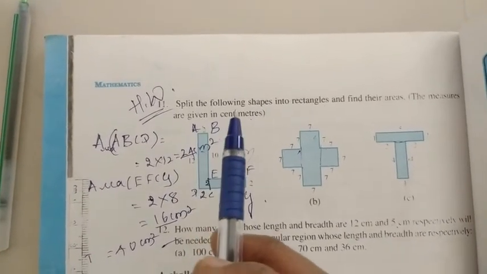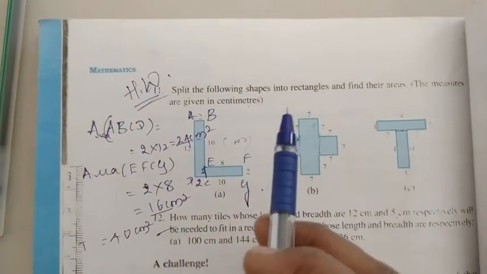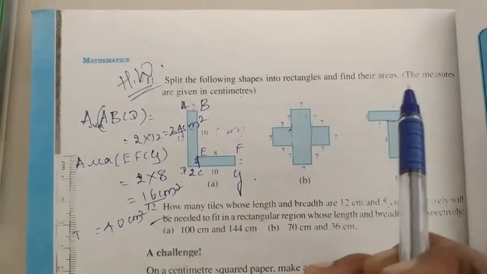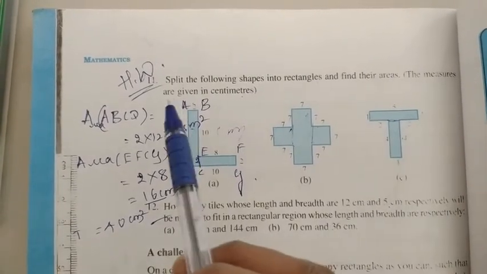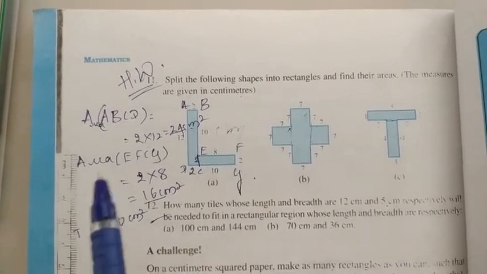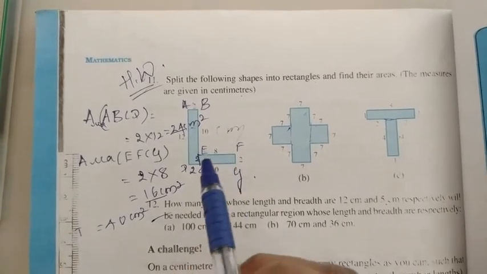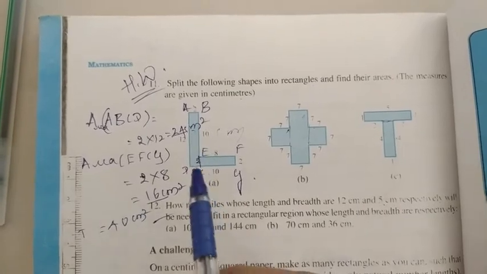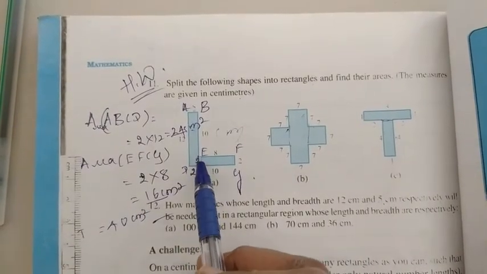Split the following shapes into rectangles and find their areas. The measures are given in centimeters. They are given measurements. First one, we have to make rectangles.